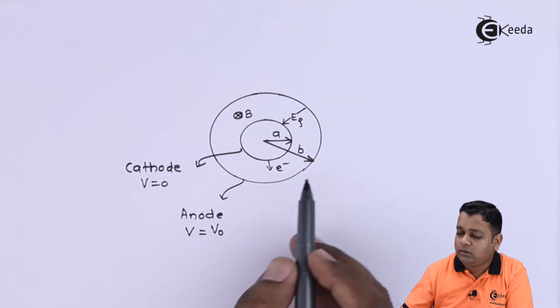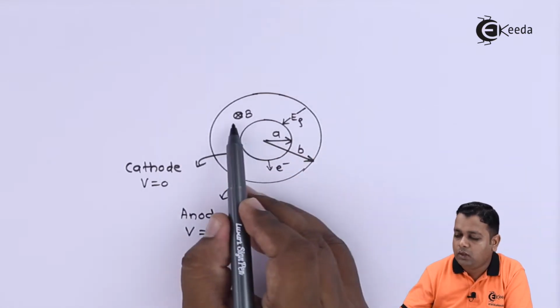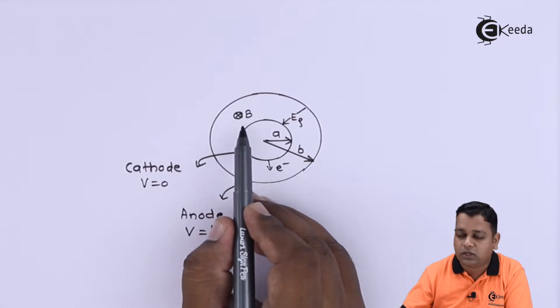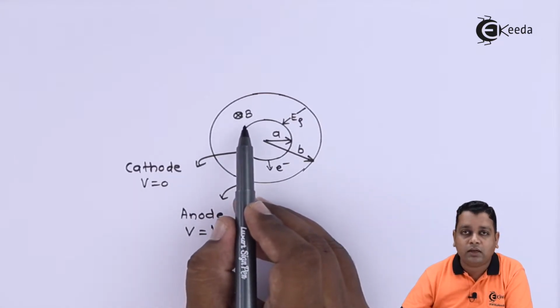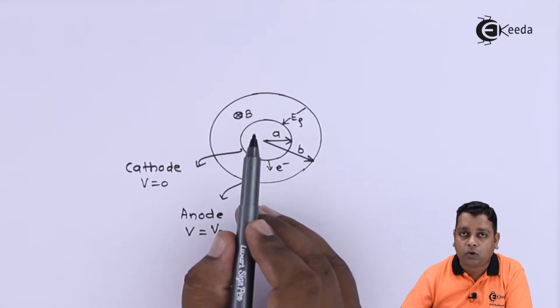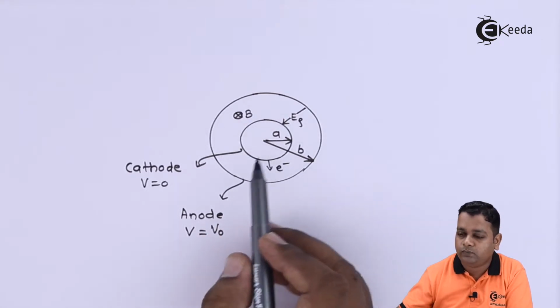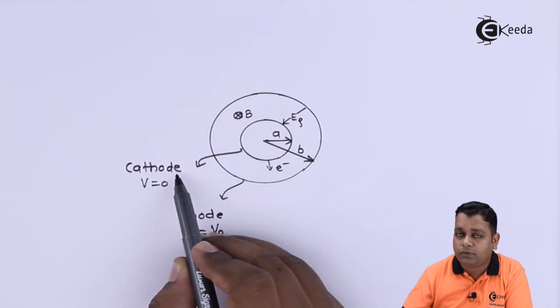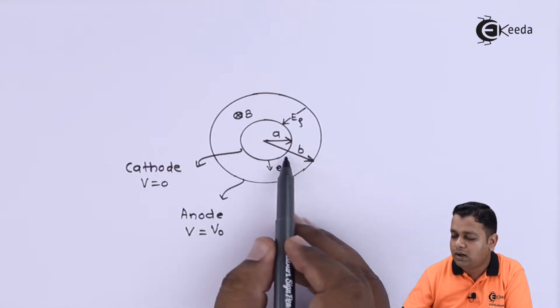Now in this particular structure, here we have the cross sign denoting the B bar into the page. So it is actually the magnetic flux density, the magnetic field present here right from top to bottom. In this structure, the radii of the cathode and the anode cylinder are shown by small a and small b.